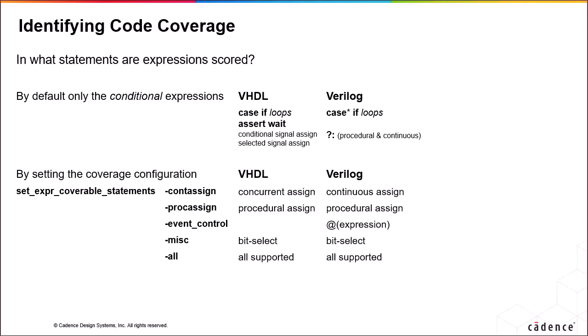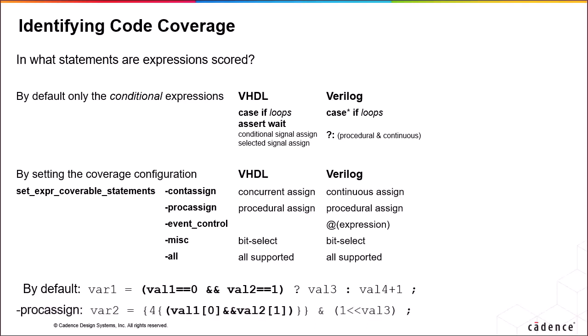For the first example, the Xcelium integrated coverage scores by default only the conditional expression of logical operands. It cannot with any option score the add operation. For the second example, the Xcelium integrated coverage scores, if you enable scoring of procedurally assigned expressions, the subterm involving a logical expression.